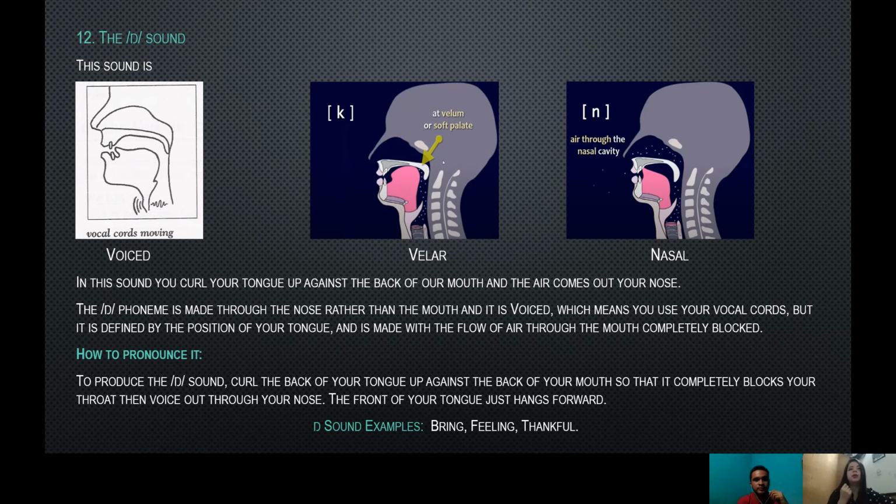The NG sound. This sound is voiced, velar, nasal. In this sound, you throw your tongue up against the back of your mouth and the air comes out. The opening is made through the nose rather than the mouth, and it is voiced, which means you use your vocal cords, but it is defined by the position of your tongue, and it is made with the flow of air through the mouth completely closed.